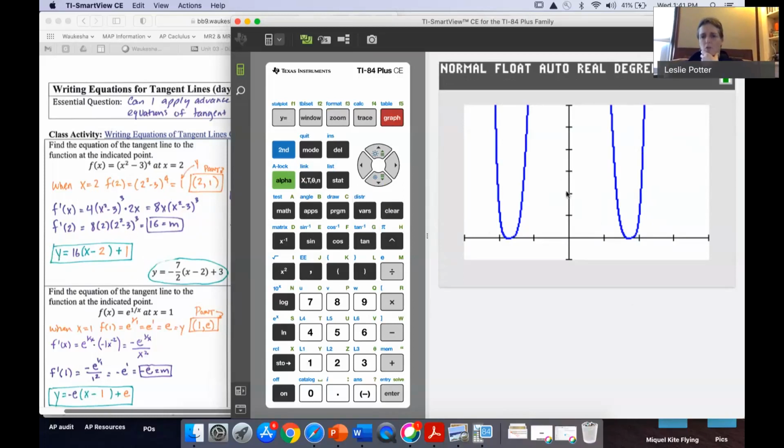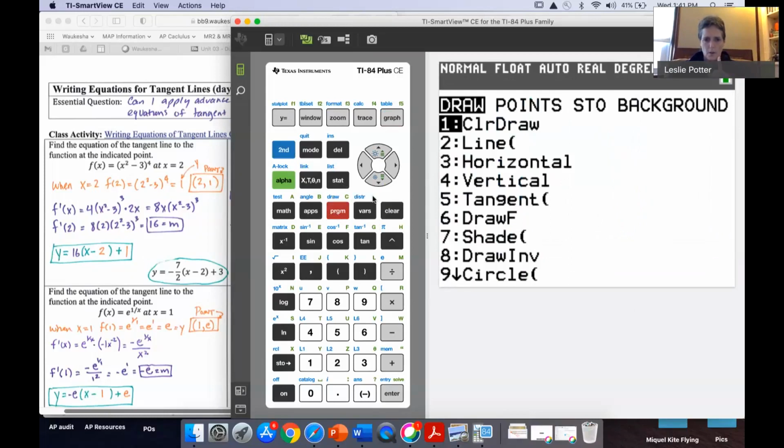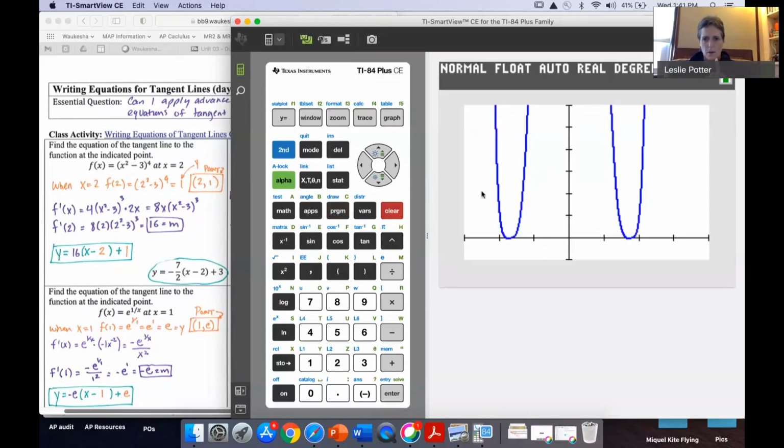Okay, so this is how you get your tangent line. You have to go to the draw feature, which is on your program key. You access it by 2nd program, while you've got the graph on the screen. That's the mode you have to be in.